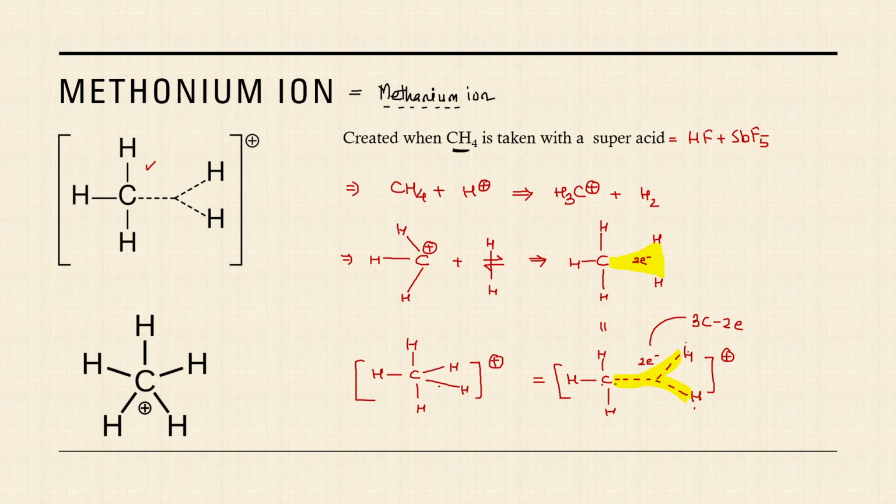These are bonds which are created as a result of the delocalization of these two electrons between the carbon, hydrogen and another hydrogen. हम क्या ये बोल सकते हैं कि इसमें HH sigma bond, sigma MO has overlapped with the 2p orbital of carbon, but this HH sigma MO or these sigma electrons are not utilized from within the molecule. कहीं बाहर से H2 से आ रहा है.